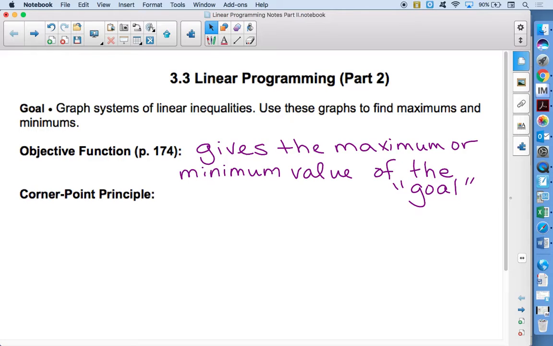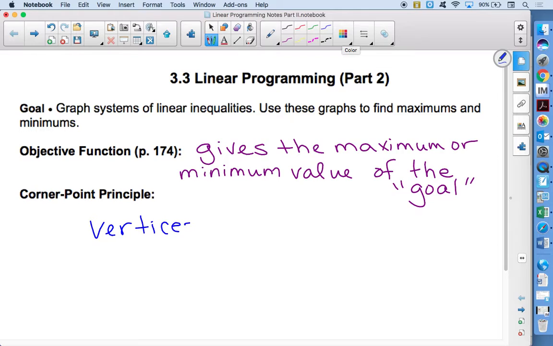Underneath that is the corner point principle. The corner point principle talks about the vertices from your feasible region. Remember, the feasible region is just that shaded shape that you have.